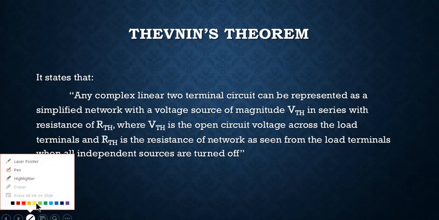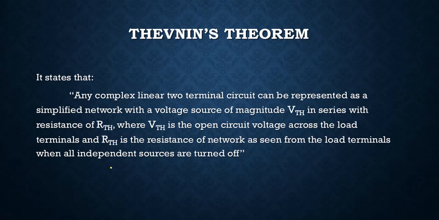If I can draw it like this, so this will be my Thevenin's theorem. There will be a voltage source with polarity positive and negative, right? Then there will be a series resistance, right?